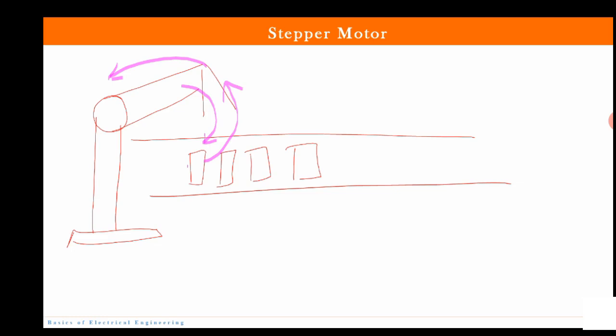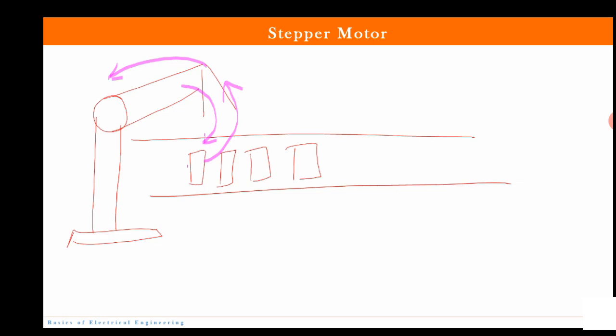So every time, we need not touch it or have any control over it. Such automated applications are developed with a stepper motor. So a stepper motor is a very important kind of motor.